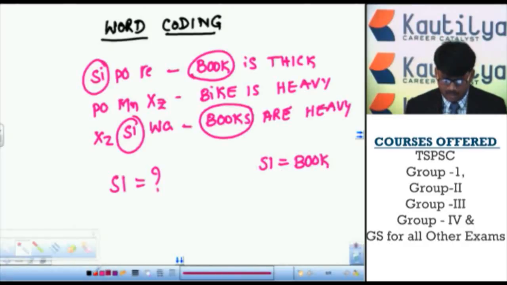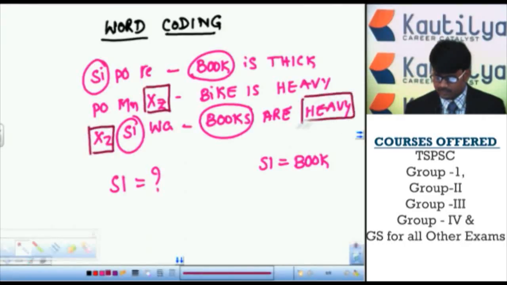Next, XZ is repeated in the second and third one, and the repeated word is heavy. Then XZ means heavy is the answer.